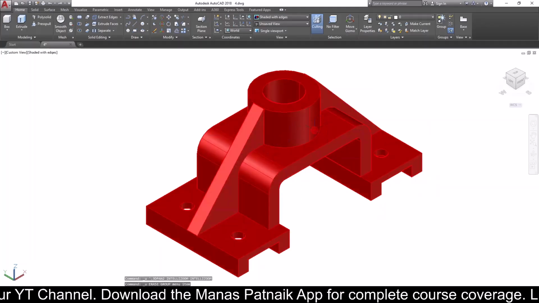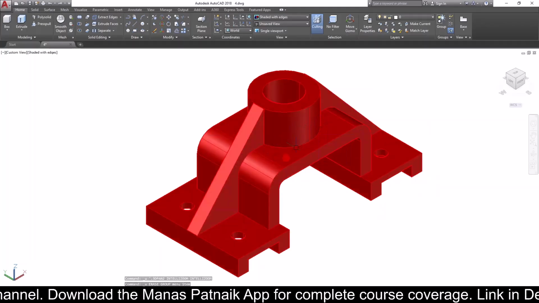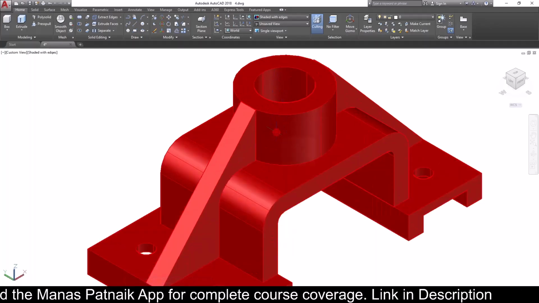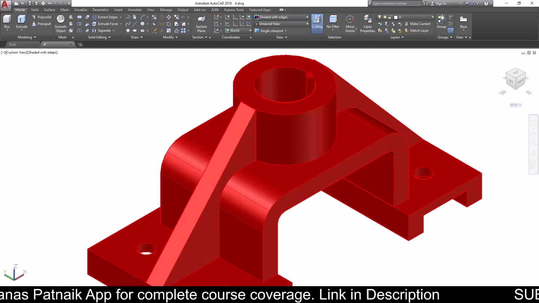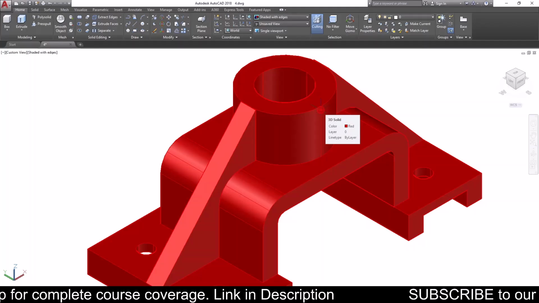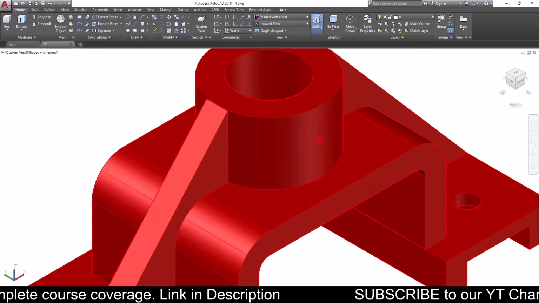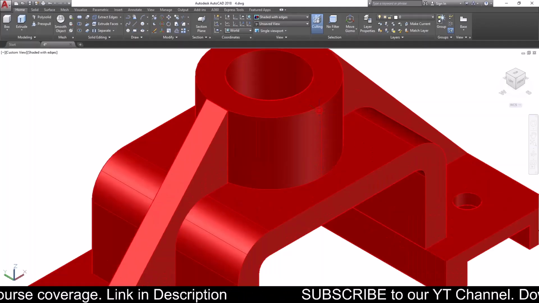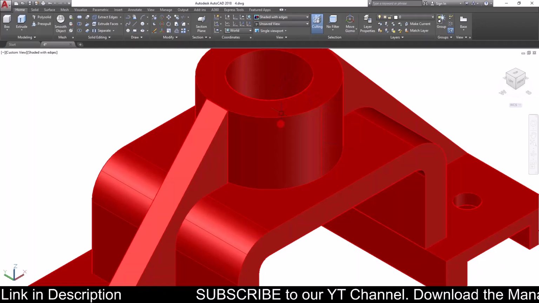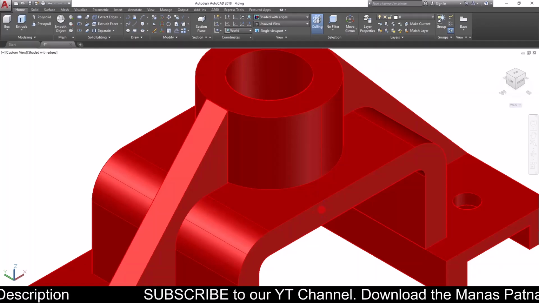So that's the object. This is how it looks, and please note that there is a tube over here. The inside diameter of this tube is 30, the outside diameter is 50. The outside diameter has a height of 30. Whereas this inside diameter completely penetrates this portion also.